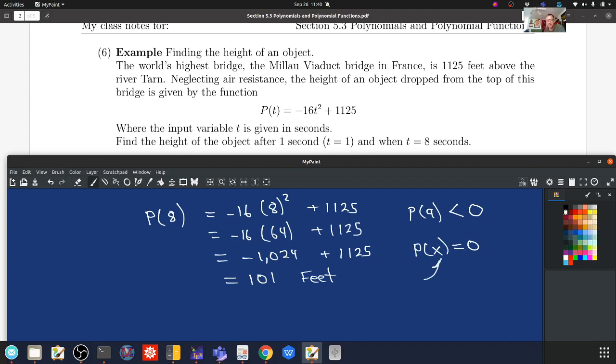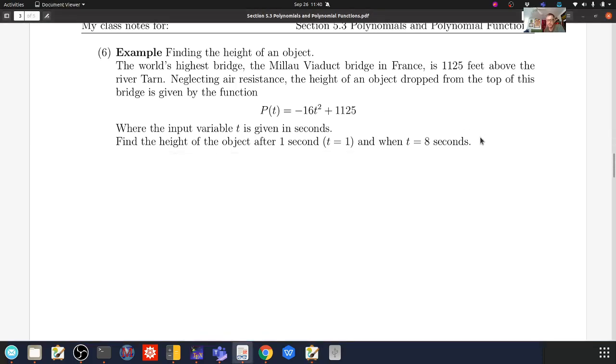And the x value that answers that, or in this case the t value, because it's a polynomial in the variable t, tells us the maximum amount of time, neglecting air resistance, that it would take. It would tell you the amount of time it would take for you to hit the ground.